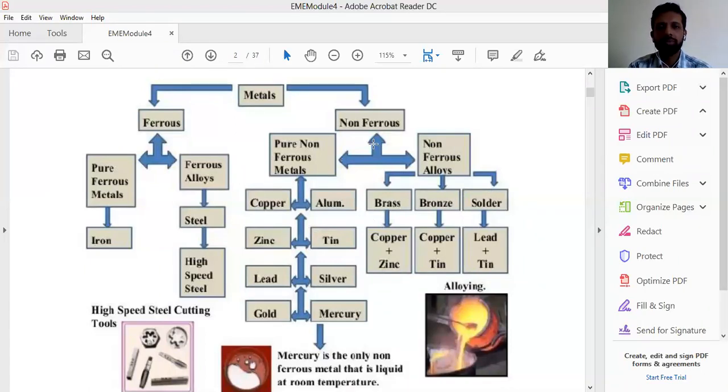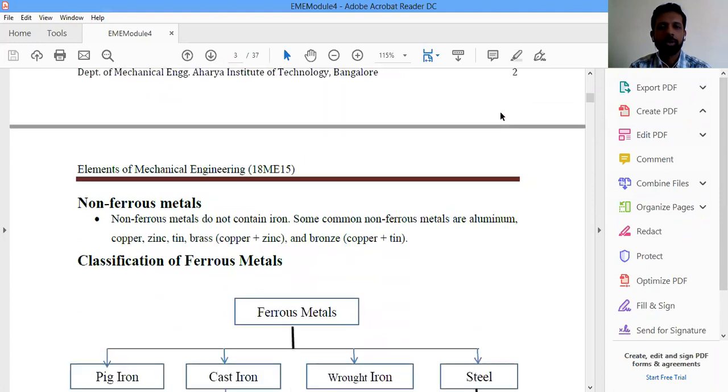Coming to non-ferrous, it can again be classified as non-ferrous metals, the pure forms, and the other ones are the alloys. If we take up the non-ferrous metals, we have copper, zinc, lead, gold, silver, aluminium, magnesium, and so many other metals.